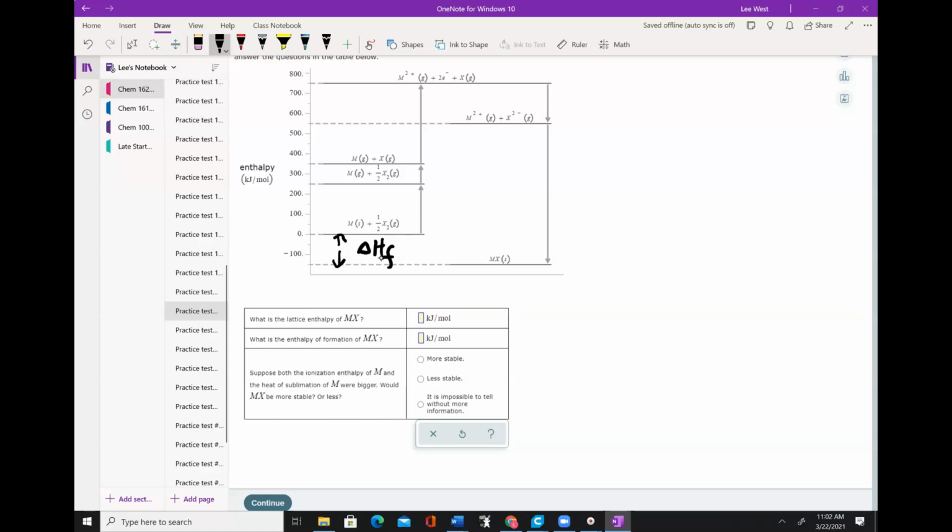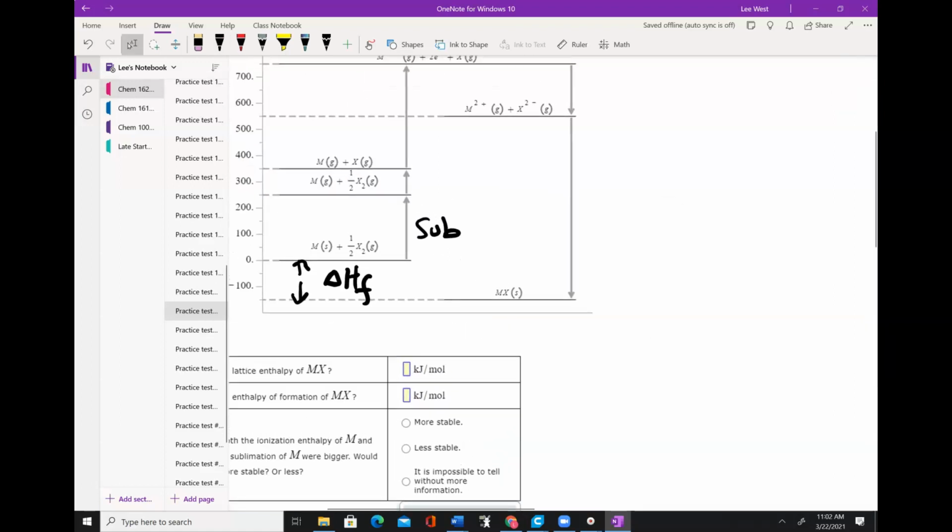But you can consider that occurring in 1 step, or you can consider it occurring in a series of 5 steps. The first step, we go from solid metal to gaseous metal. That's called sublimation. In the second step, we're going to break the covalent bond between our non-metal atoms and go from being a diatomic molecule to being individual atoms, and that's generally referred to as the bond energy.